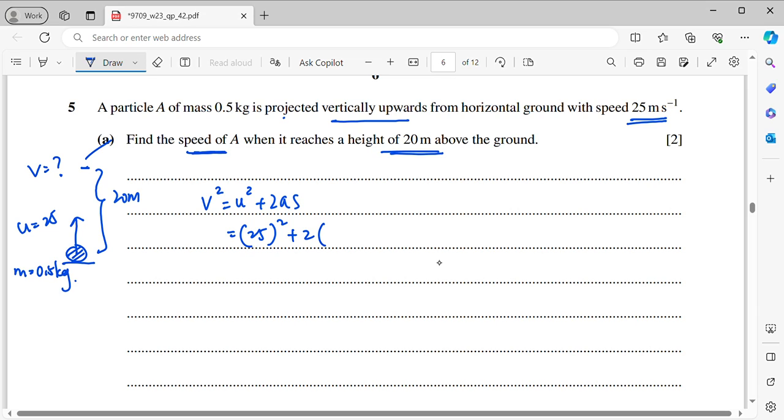The A is minus 10 because it is projected upwards, so it is against the gravitational acceleration. Then the S will be 20 meters. Then from here, you will be getting 225. And at last, your V is square root of 225, which is 15 meters per second. So that's the solution for 5A.